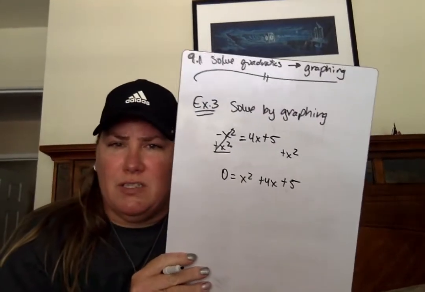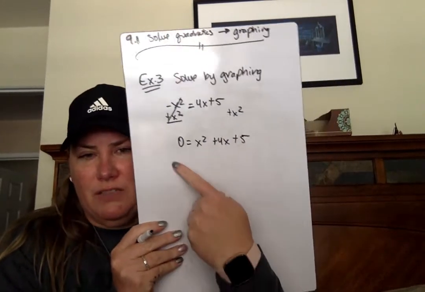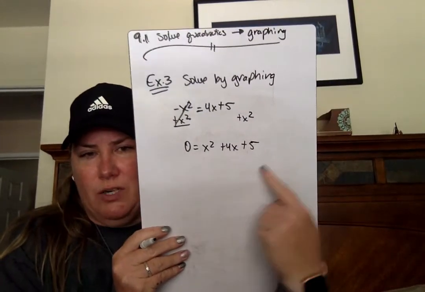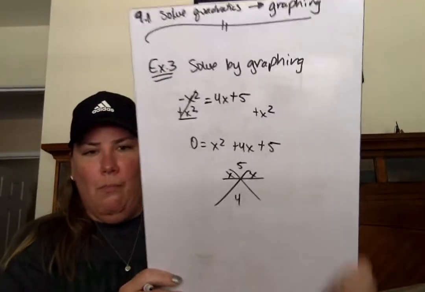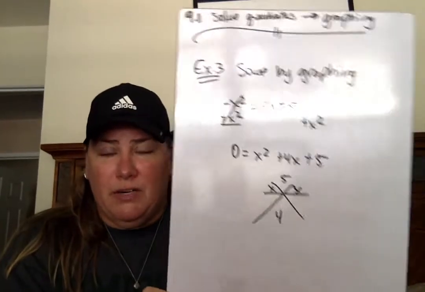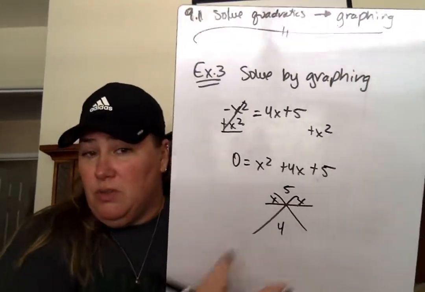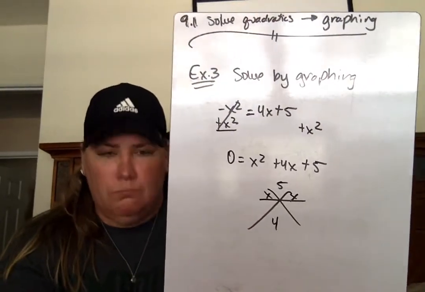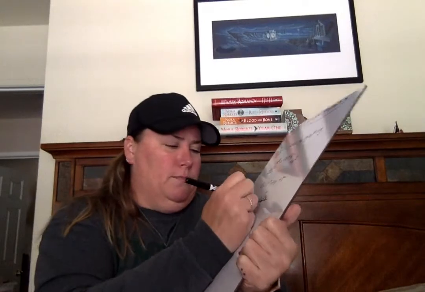Should we freak out because it's written backwards? It's the same thing as if I put this equals 0 back here. It doesn't matter. So we're going to factor. Here we go. 5 up top, 4 at the bottom, x and x. Sign patterns: c is positive and b is positive, so both of these factors are positive. The only factors of 5 that we have are 5 and 1.